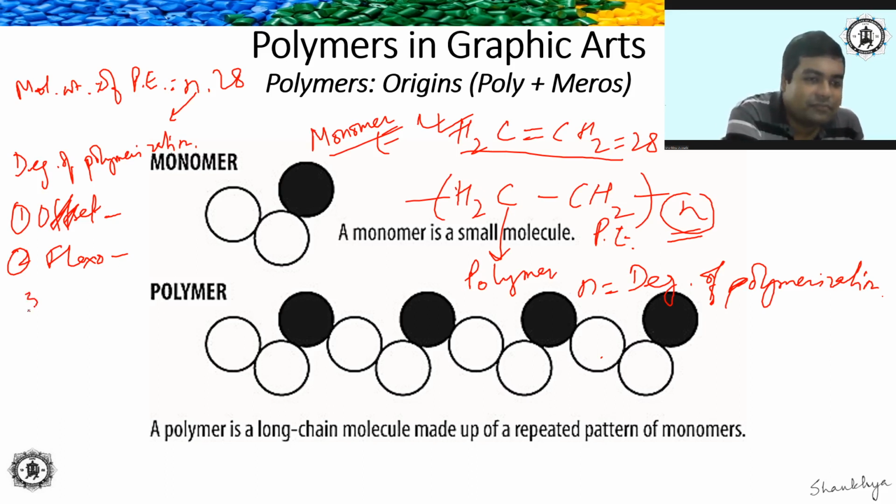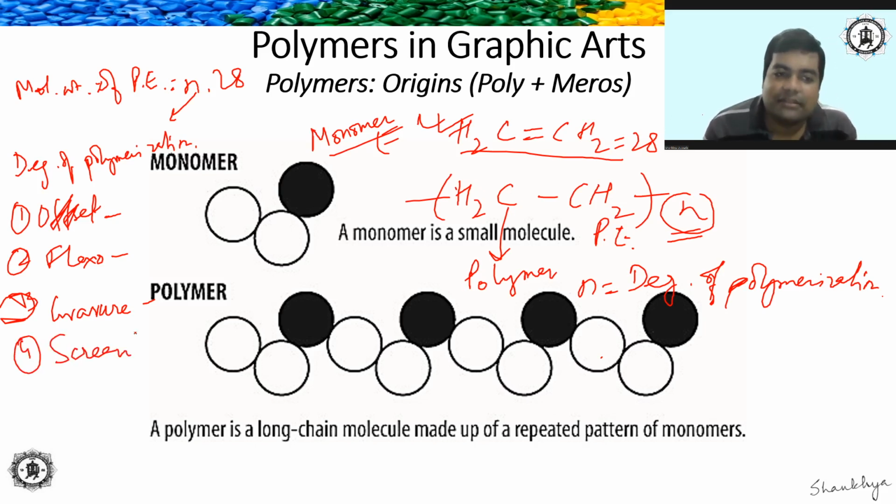Similarly for the gravure process and definitely for the screen printing process. In all these, can you just prepare a list of polymers that we use commonly in all these printing processes?